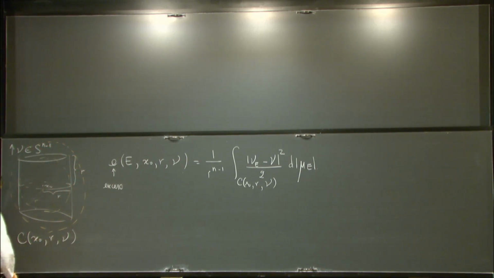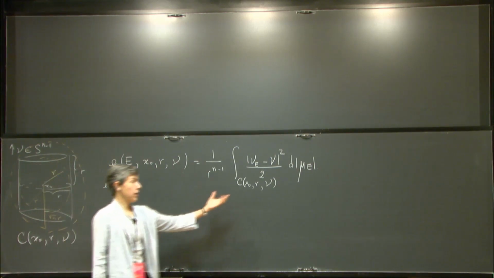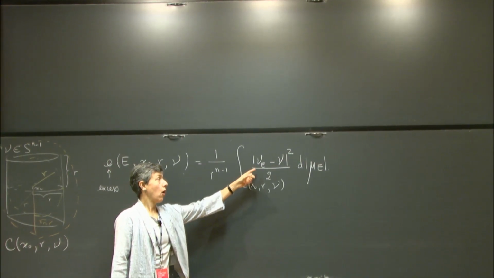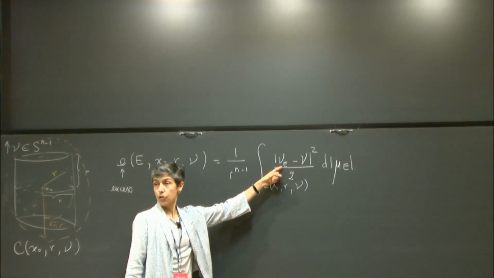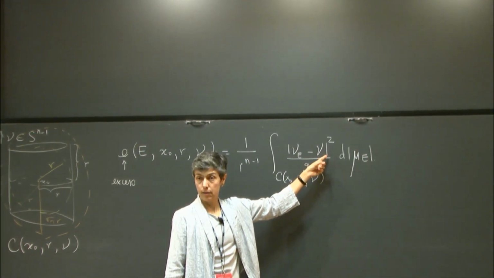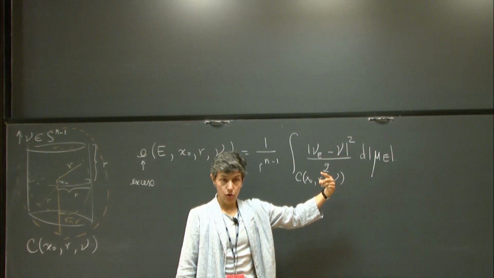The specific numbers don't matter. The important thing is it's comparable to r. So cylinders contain balls. Balls contain cylinders of comparable radius. So this thing here is roughly the average of the oscillation of the unit normal with respect to this guy over here. Okay? So maybe I should draw a picture.